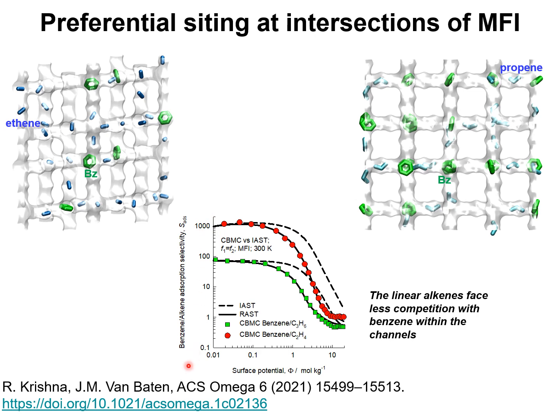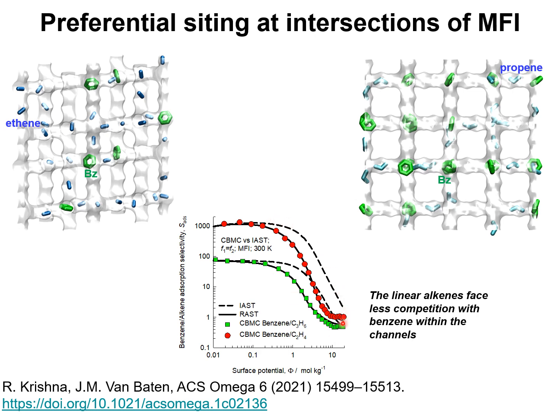This graph plots the benzene alkene adsorption selectivity against the surface potential for binary mixtures of benzene and ethene, shown by the red circles, and the green squares represent the CBMC solutions for the adsorption selectivity for benzene propene mixtures.